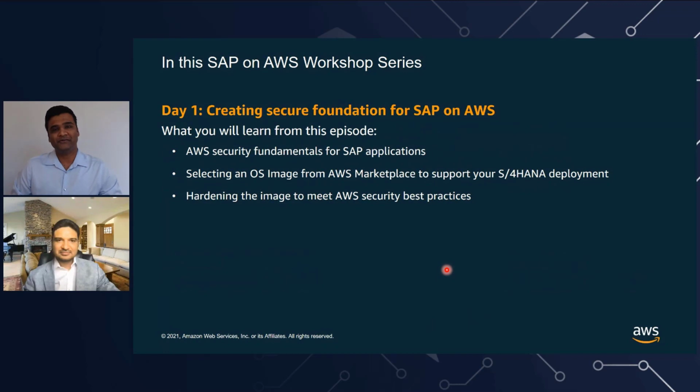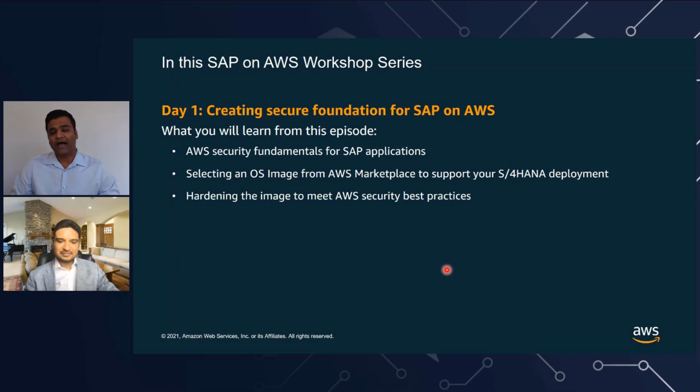So what we are going to learn today: before we start building the S/4HANA solutions on AWS, we would like to cover some AWS security fundamentals, right? And how you can utilize out-of-the-box AWS solutions to provide an ability to control those secure requirements automatically, right?